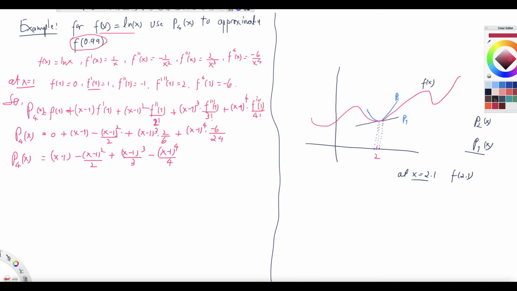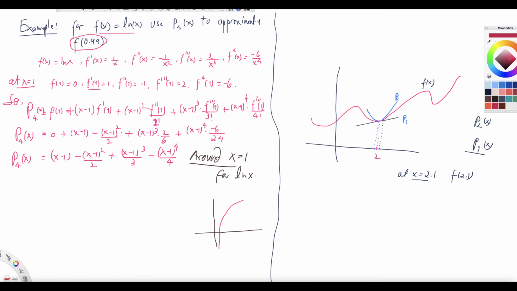This is the polynomial approximation for natural log of x around x equals 1. Now, our goal is to find out f at 0.99. What is happening there is, suppose natural log of x has a graph like this.